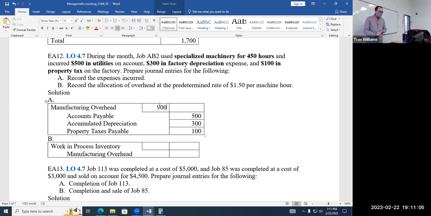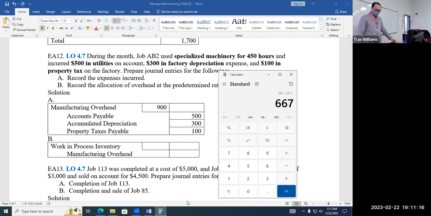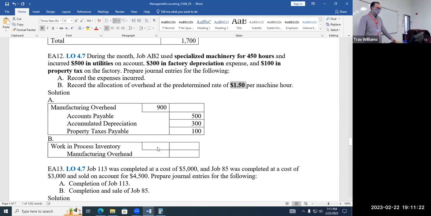B, record the allocation of overhead at the predetermined rate of $1.50 per machine hour. So how many machine hours did we have? 450. Okay, so we take the $1.50 rate times the 450 machine hours, and we get $675. So this is the ladle that I was referring to.